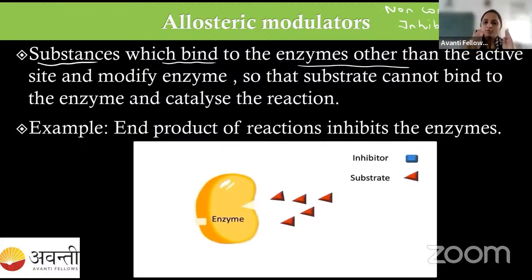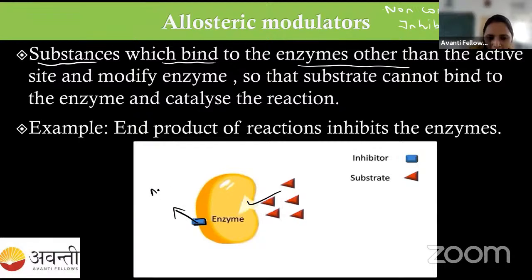See here, before it binds to the allosteric site, the enzyme was active and its active site structure was not changed. But whenever this inhibitor comes and binds to the allosteric site, see here, there are two sites in the enzyme. One minute, I will tell you. One is the active site, this V shape, right? And this other shape is what we call the allosteric site.